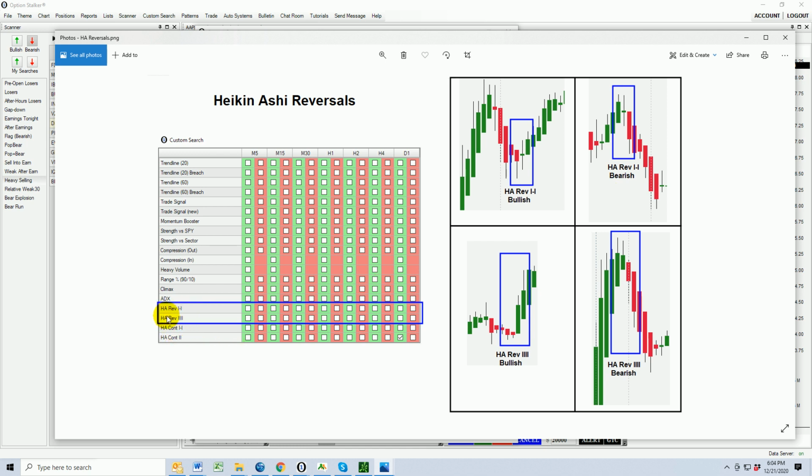Now here I've got HA reversal, long, long, long, long. So here we're going to be looking for two flat tops, flat red, flat red, flat green, flat green. That's a nice reversal. This is not a common reversal pattern, but it is a very, very strong one. So when you see it, it's usually going to be very good because it's signaling that this is really gaining momentum the other way.